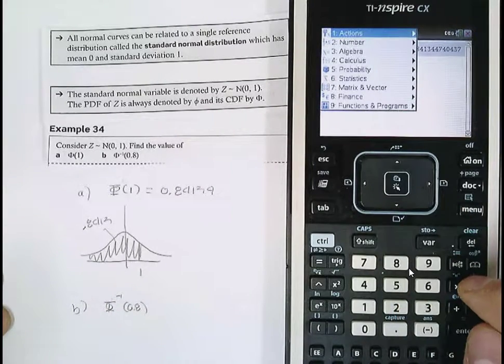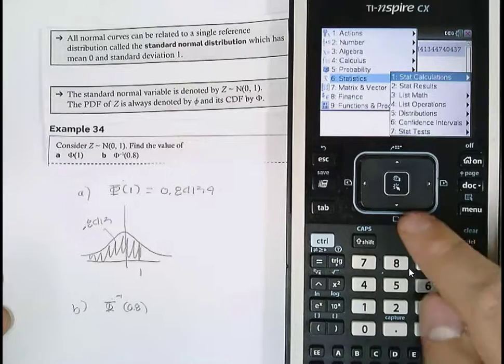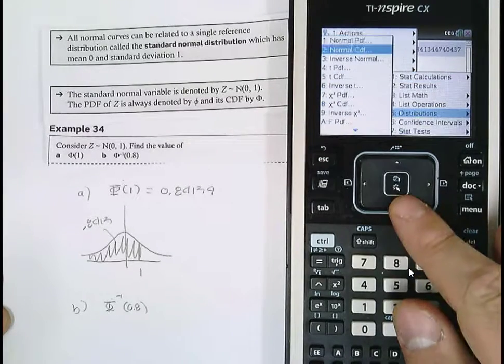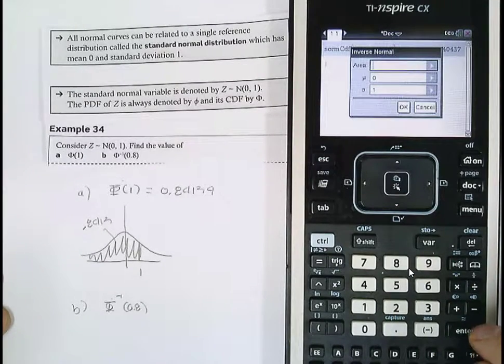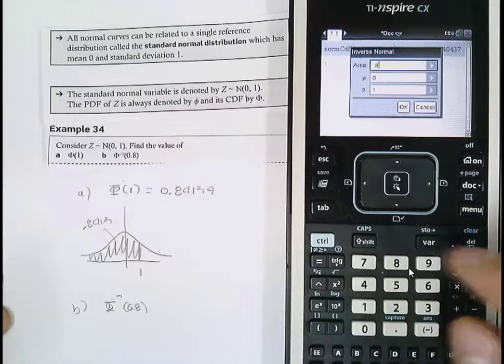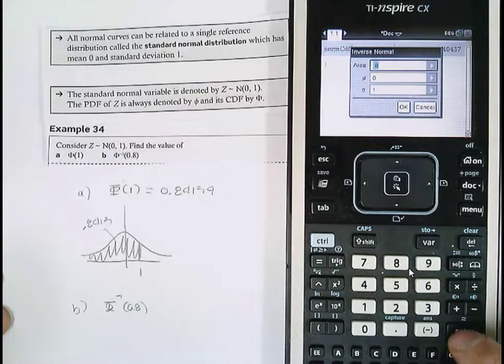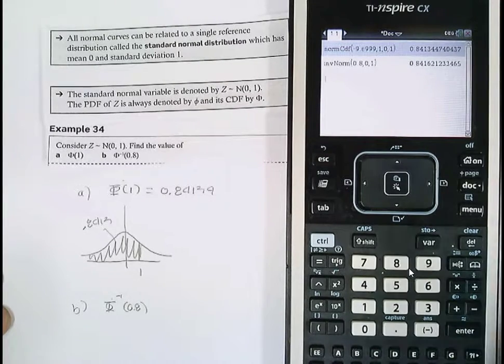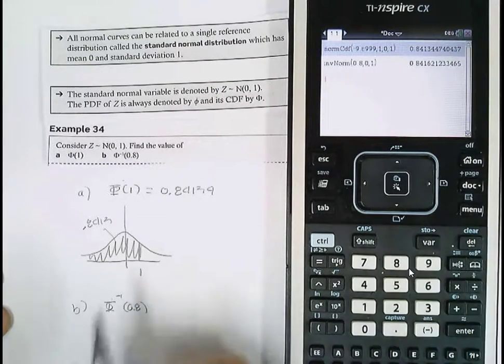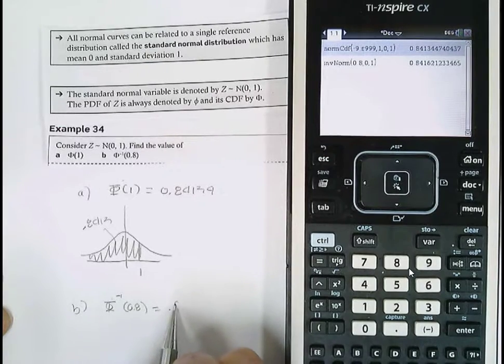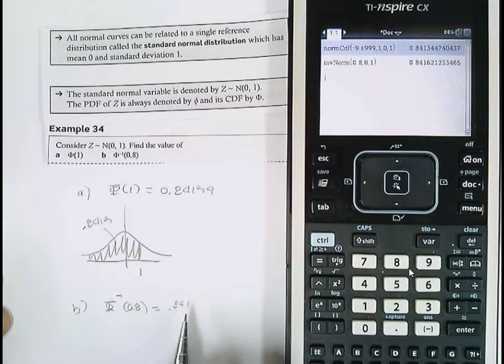Menu, 6, distributions, 5, and now we're going to do the inverse normal, and our area is just 0.8, and it is a standard normal, so I'll keep it like this. And you can see it's really close. That is equal to 0.8416, and so on. So that's what I got, and you can see they're pretty close.